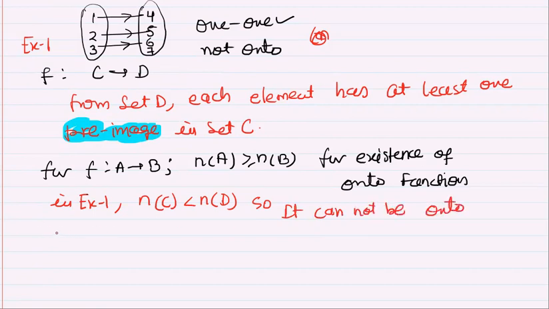But if I take example two, something like this, 1, 2, and here I take c only, then of course this is an onto function.